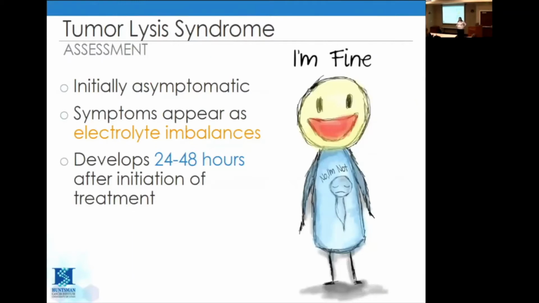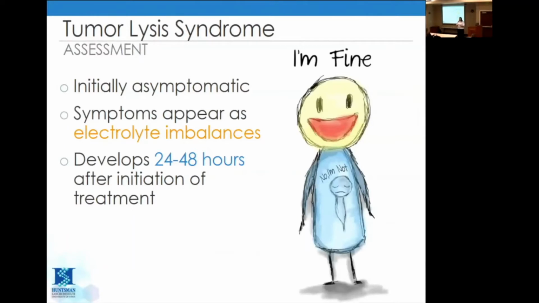How about uric acid? You're at home, you just are starting to creep up on uric acid. What are your signs and symptoms? It's not until they become at critical levels that we start becoming symptomatic. So signs and symptoms for tumor lysis syndrome are not seen until later stages. That's the unfortunate thing with this. So unless you're specifically watching for it, it's pretty asymptomatic until it's an emergency situation.